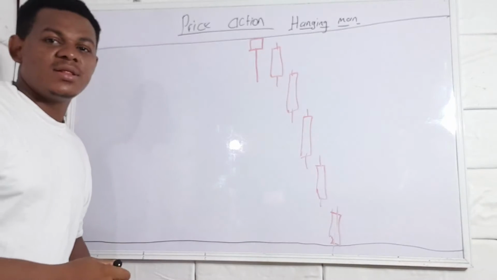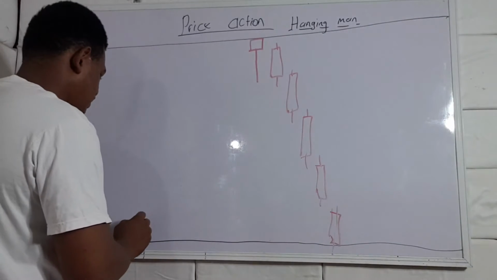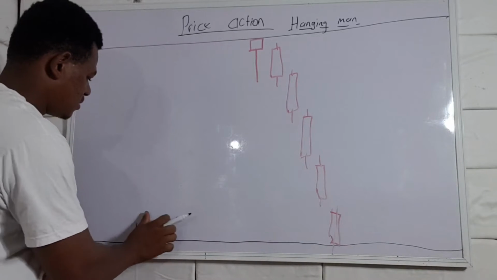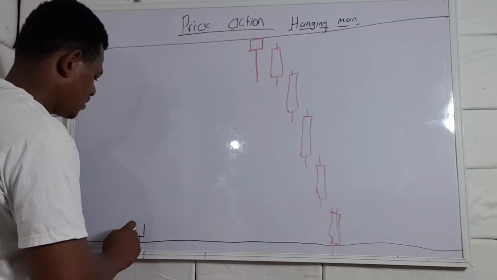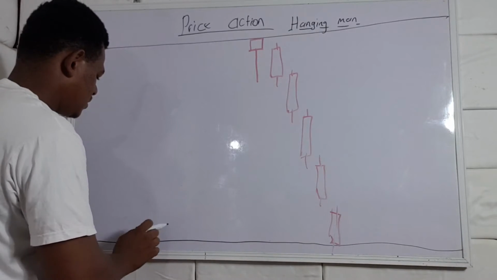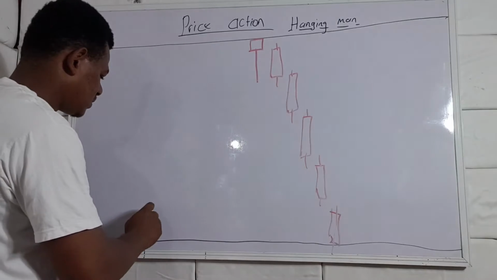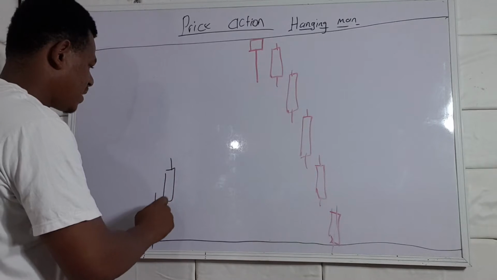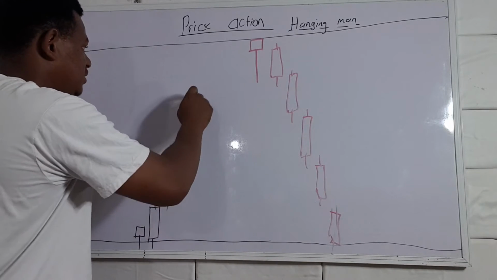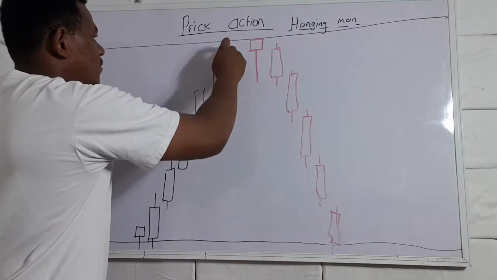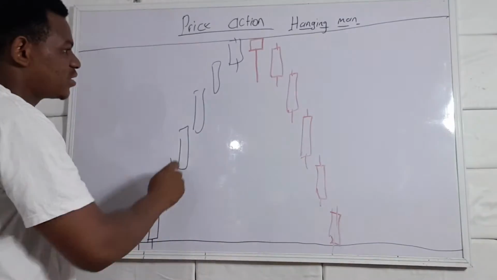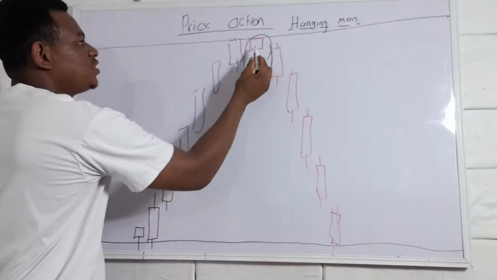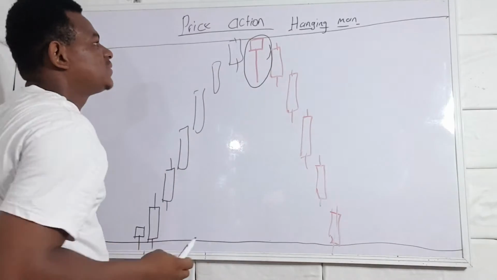In the sense that these buyers have used a hammer candlestick to bring up the market to the resistance zone. Then this is the main thing here, which is the hanging man.